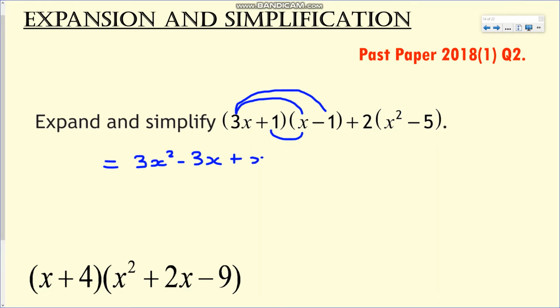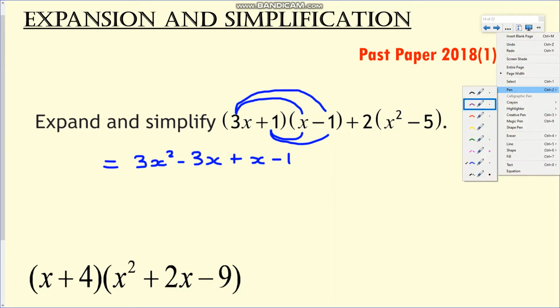Remember, if you feel like putting down 1x, we tend not to put 1 as a multiplier because 1 multiplied by anything is just itself. So we just put down x. And then the final little bit, plus 1 times minus 1 gives you minus 1. Okay, so that is first, outer, inner, last, performed on 2 sets of brackets to expand those brackets out.